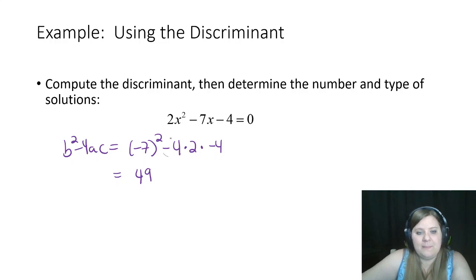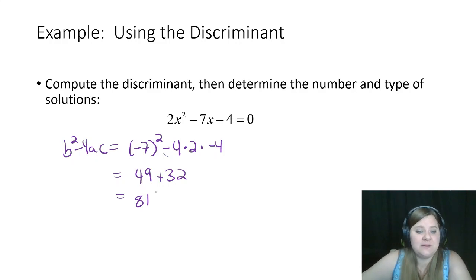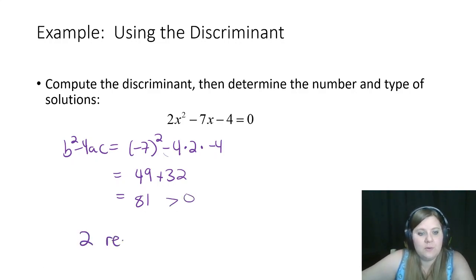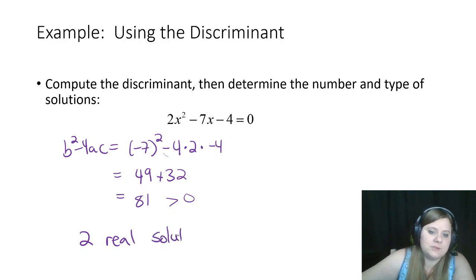And then minus 4 times 2 times negative 4 is going to be positive 32. Okay? I'm going to add those together, and I'm going to get 81. Now that's a positive number. It's greater than 0. So that means I have two real solutions. Ta-da!